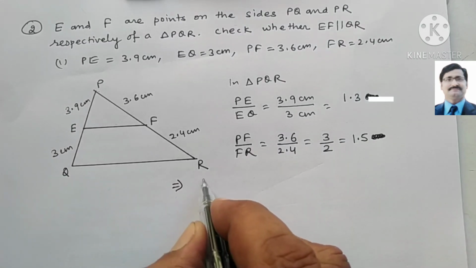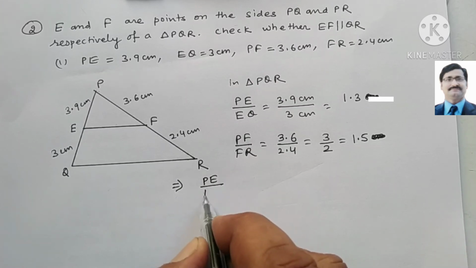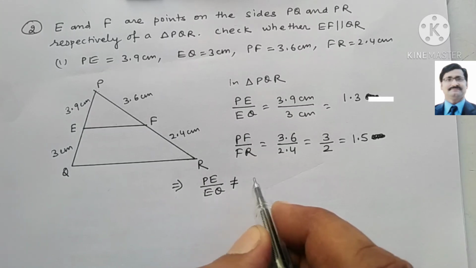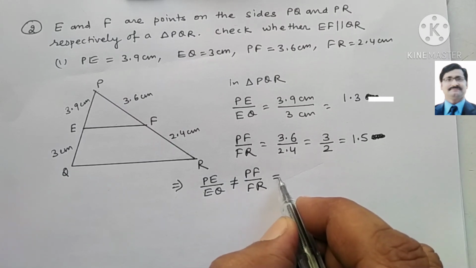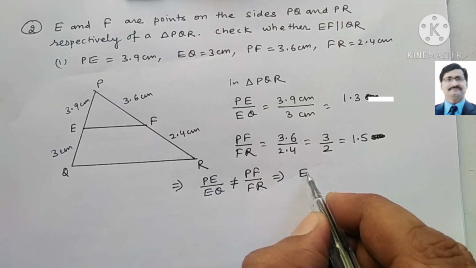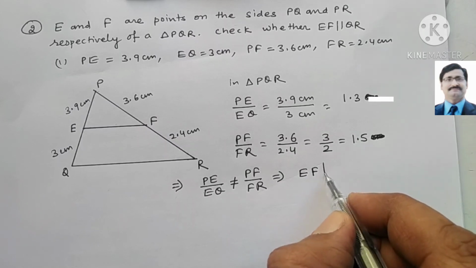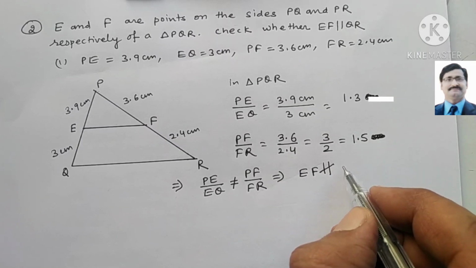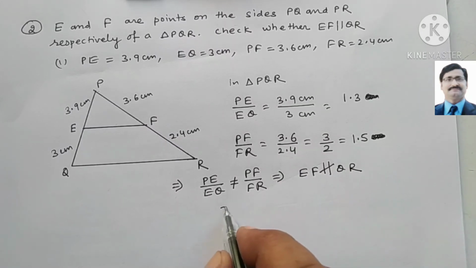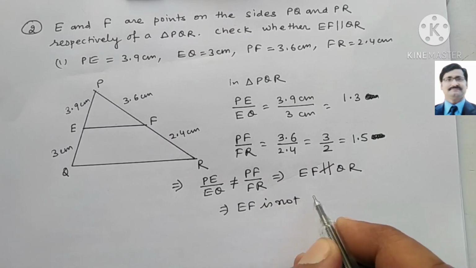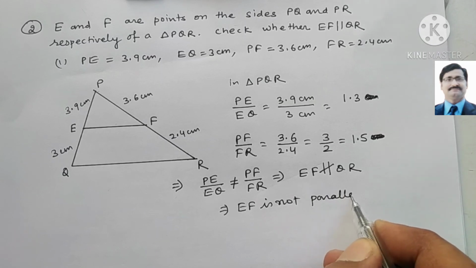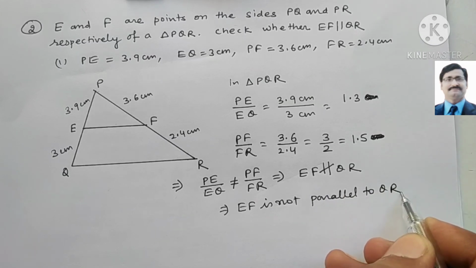Here this implies that PE upon EQ is not equal to PF upon FR. This implies that EF is not parallel to QR. So we can write here EF is not parallel to QR. All understand this?